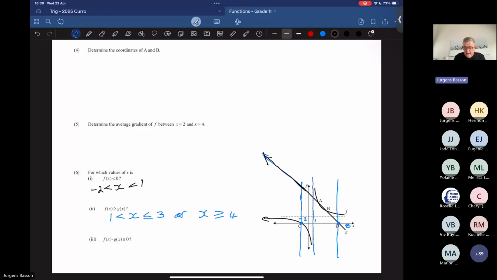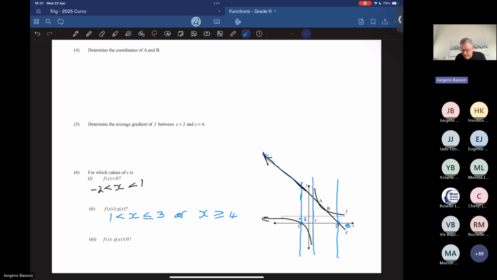And then it is quite clear. If you look at these two graphs now, this is G and this one is F, and both are positive. Both are above the x-axis. If we look at -2 to the left, both are positive. So that means the product will be positive, and that is not what we want.